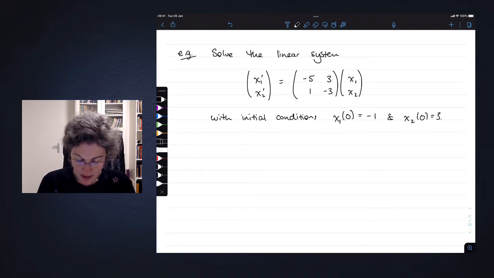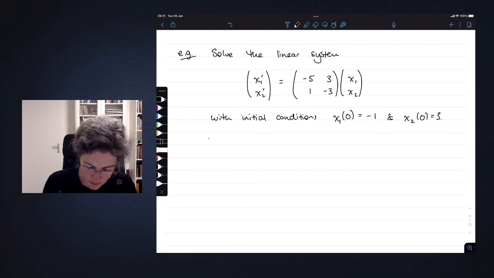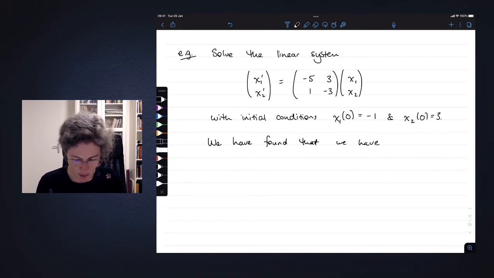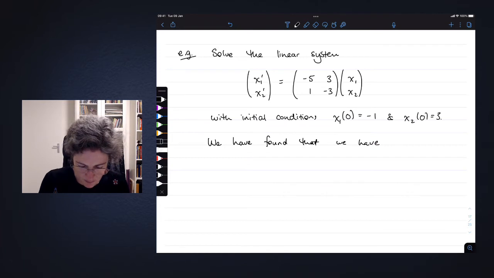So conveniently, we have already solved part of the problem because we found the eigenvalues and the eigenvectors. We just did that a moment ago. So we have our eigenvalues.